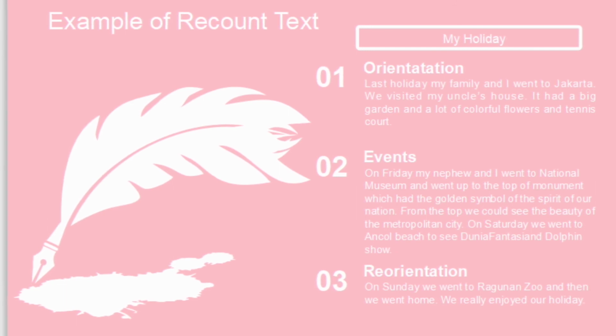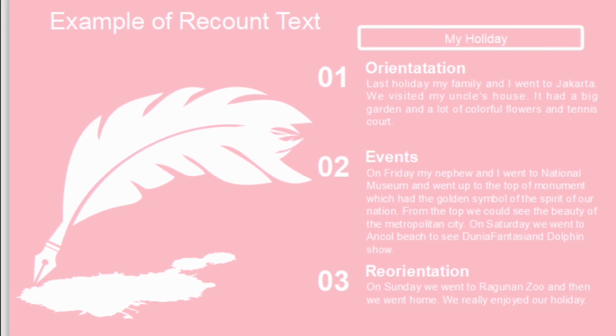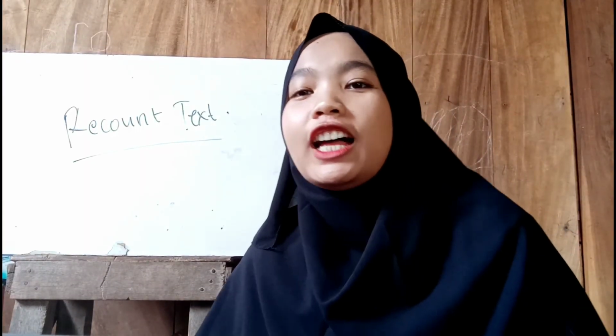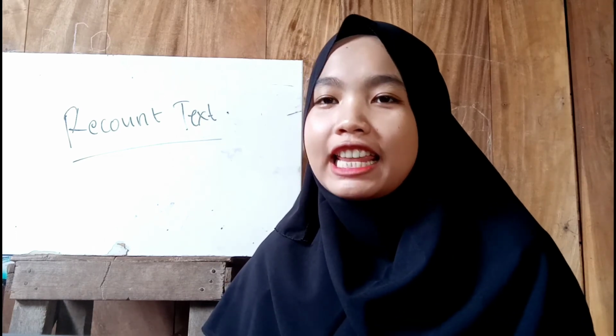For example, on Friday, on Sunday, and etc. in the example of recount. Okay, that's all the material for you about recount, and this is the card, the magic card.